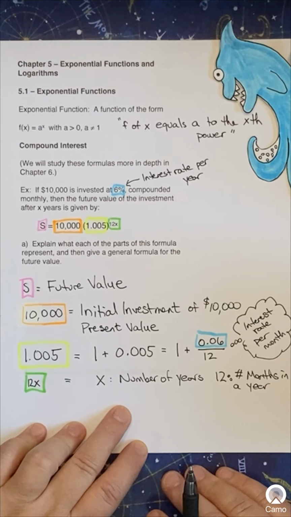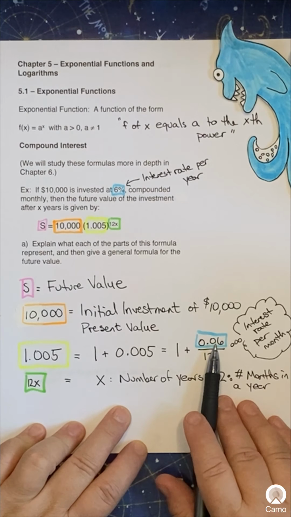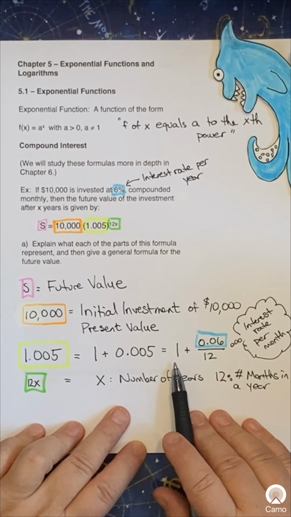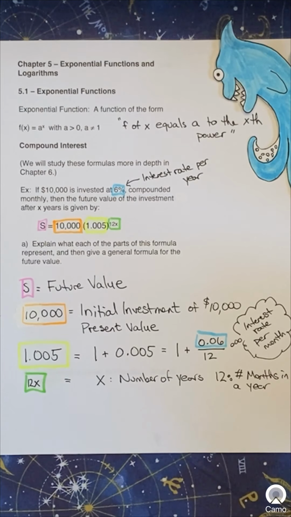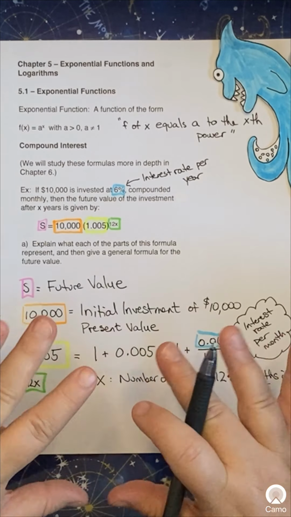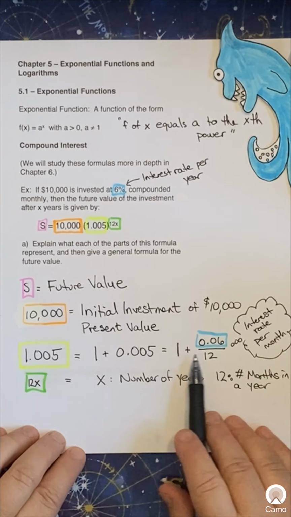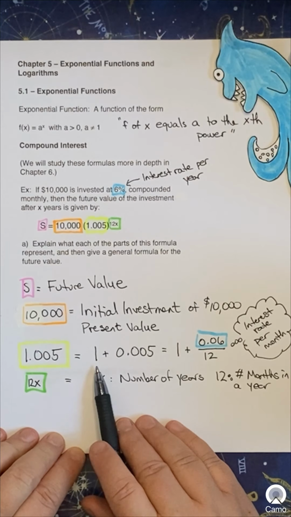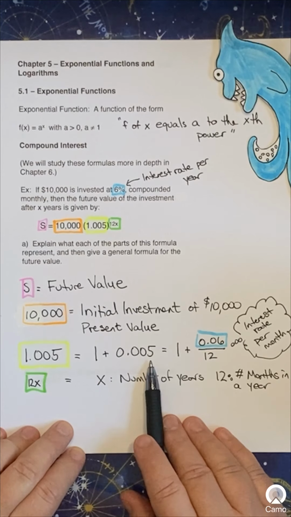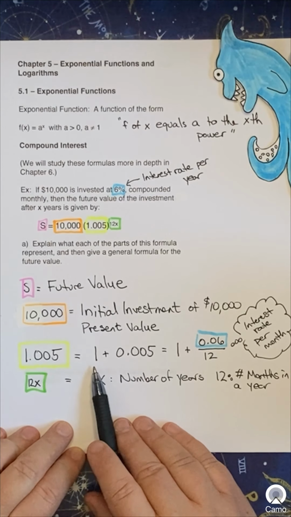Now, you should say to me, okay, that's fine, but what the heck is the 1 there for? And what I'm going to say, and I'm going to wave my arms, and you're all going to say, oh, okay, that makes perfect sense. And then we'll get to chapter 6, and hopefully I will make good on the fact that it will make perfect sense. So when we calculate these, you add 1 because you want not just the interest, but the original amount.